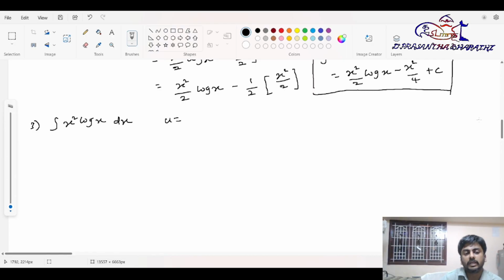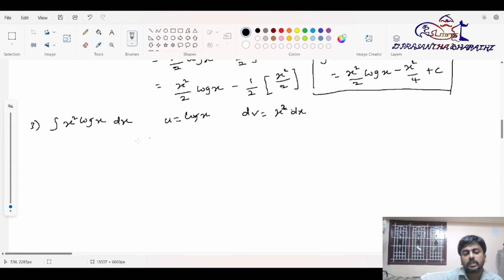The third one is integration of x square log x. So u equal to x square, dv equal to log x, see, we have made a mistake. If I choose like this, this is wrong. So u equal to log x, dv equal to x square dx.